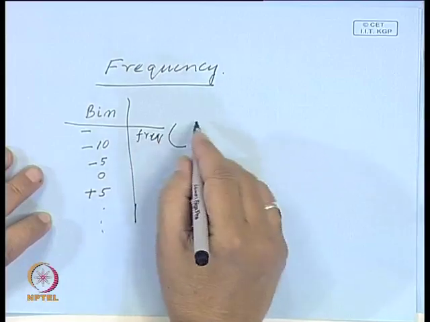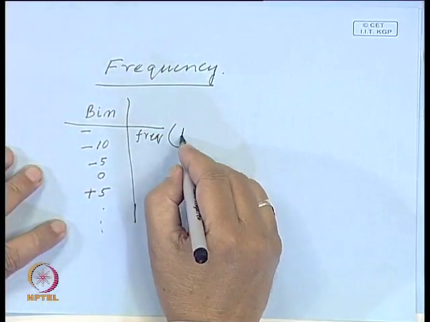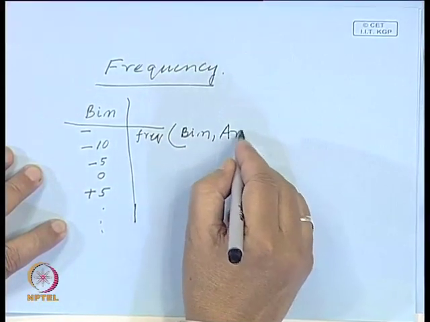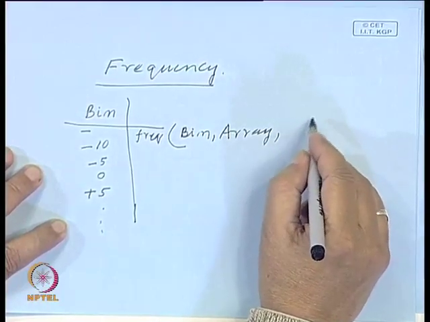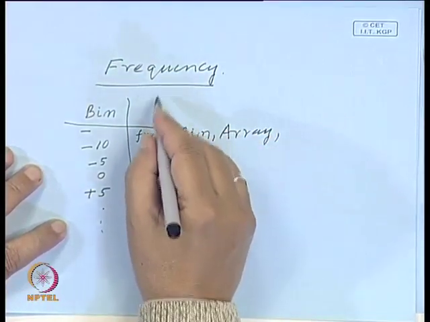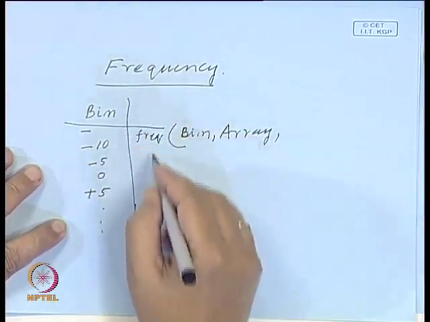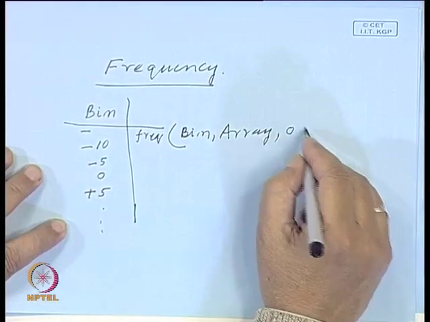The frequency function will ask for the bin, you define the bin, you define the array, and there is a logical variable. If you want to determine the frequency, whether it is cumulative or probability, the distribution function, you can put either a 0 or 1.